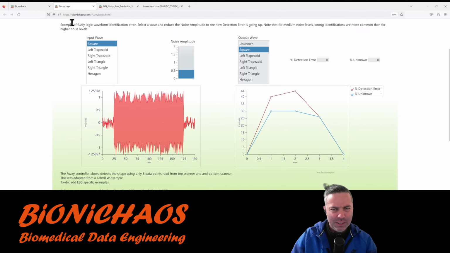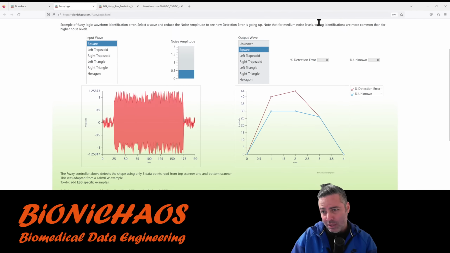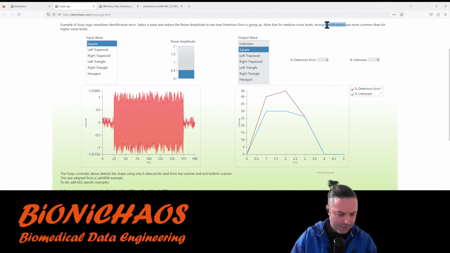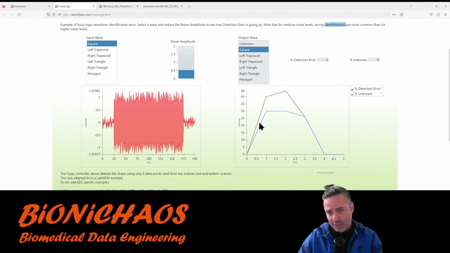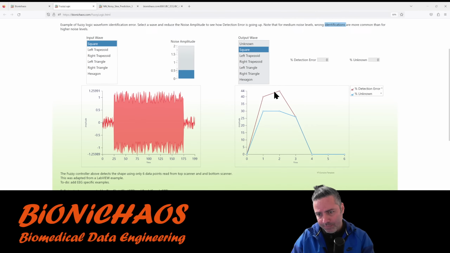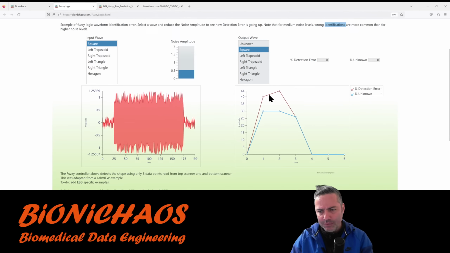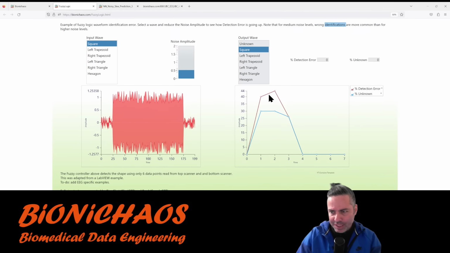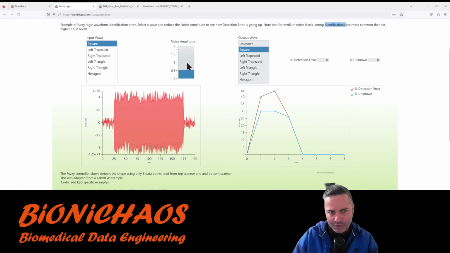It's not a prediction, it's a detection. So it's a detection algorithm, an identification algorithm, whatever you call it, and it will display here the detection error in, well, not quite red. What color is that? We'll say red, and the number of unknowns.